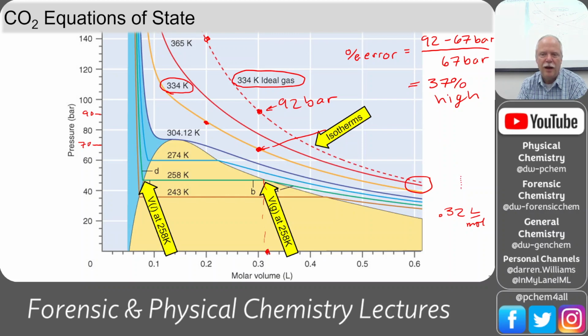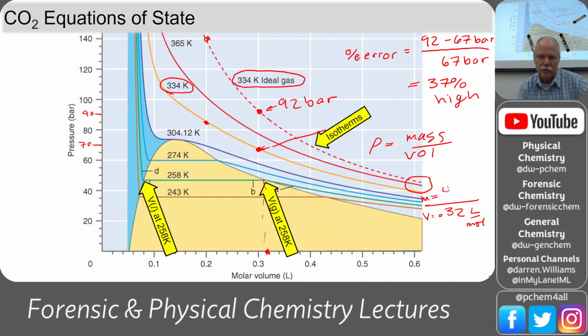Okay, and density is equal to mass over volume. So here's the volume. What's the mass? Well, this is CO2, so it's 44 grams per mole. The per moles cancel, and I've got the density.